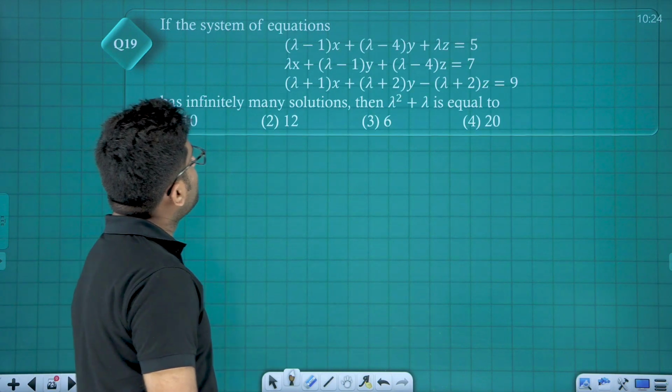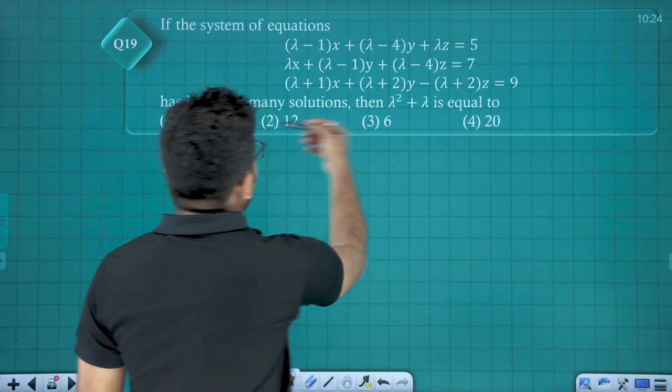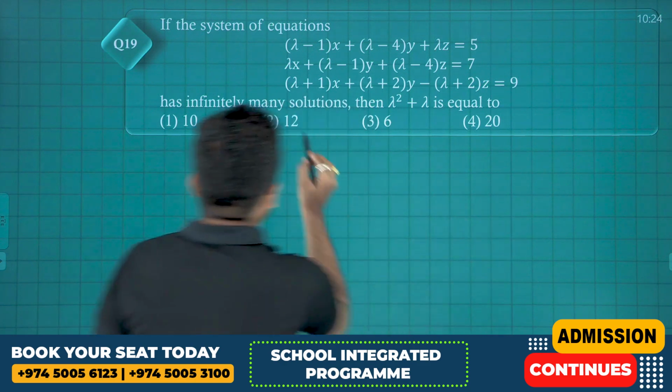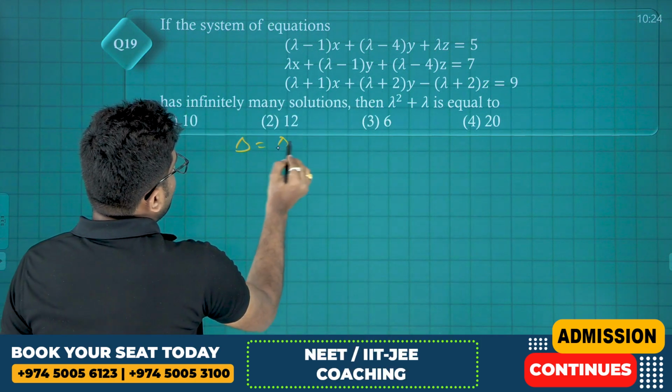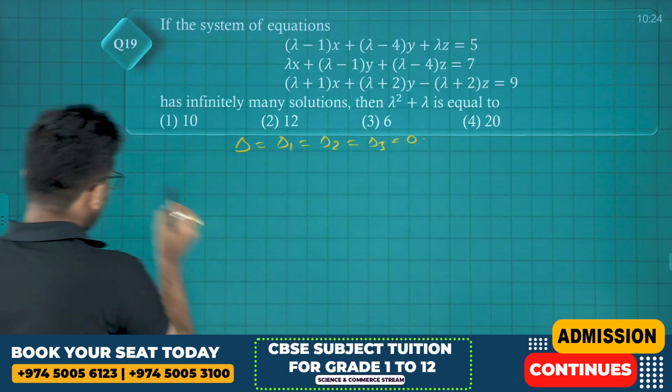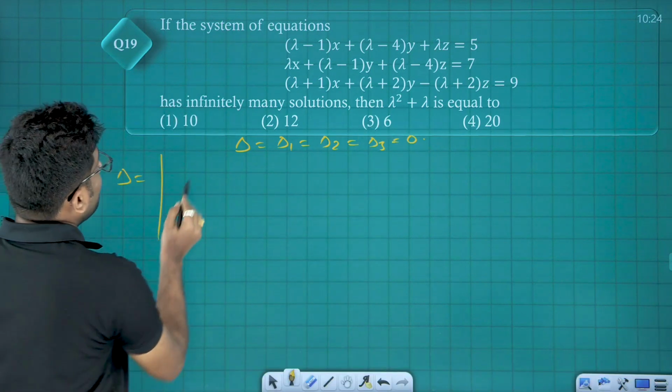If the system of equations has infinitely many solutions, what is the approach? The approach is delta equals delta 1 equals delta 2 equals 0. First we will go with delta. What is delta?